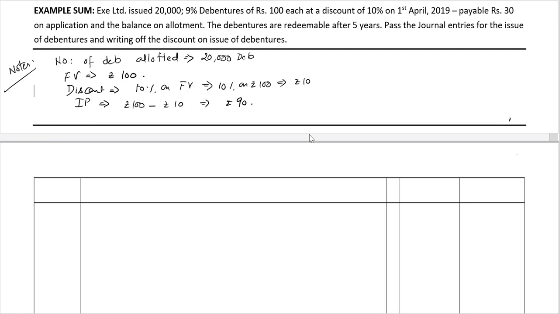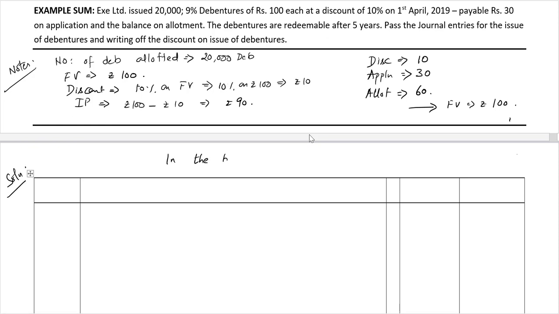Now when we write the breakup on a debenture issued at discount, we'll first begin with discount 10 rupees, application, as per the problem it's given as 30, and the total face value should be rupees 100. Hence, the allotment being the balancing figure should be 60 rupees. We'll go ahead with the solution.